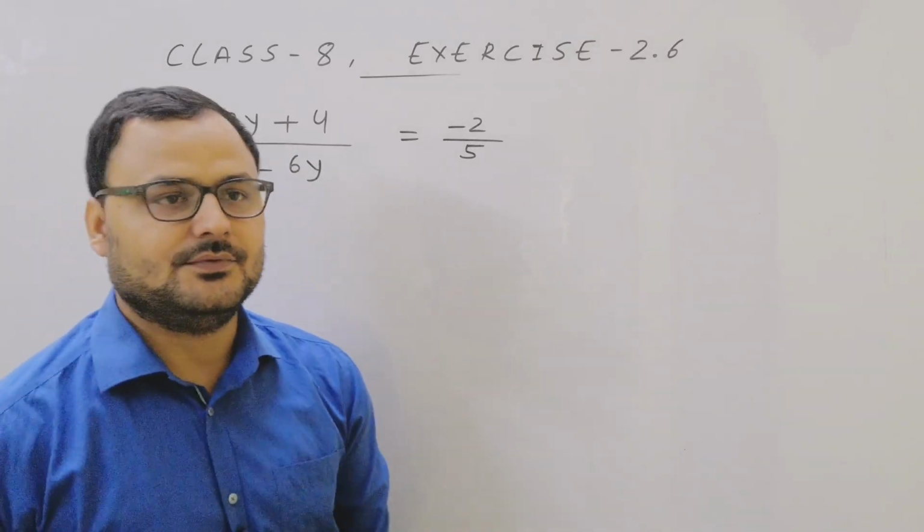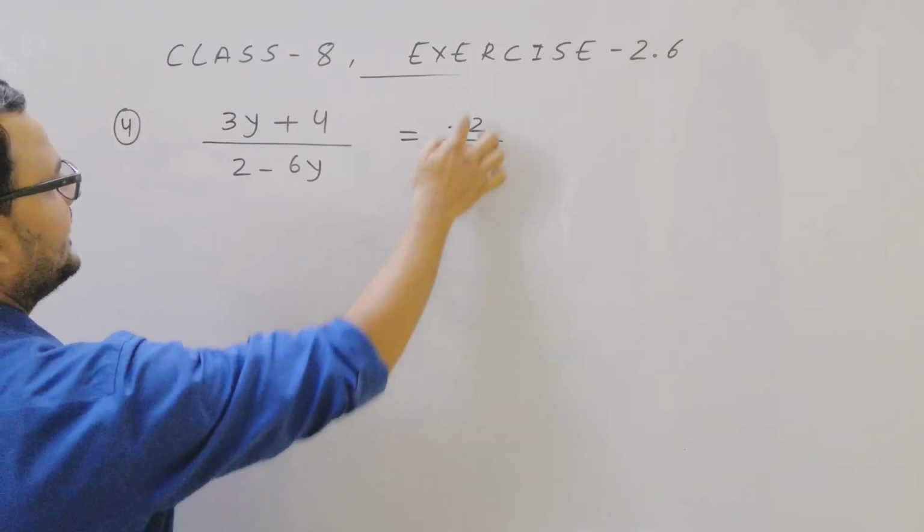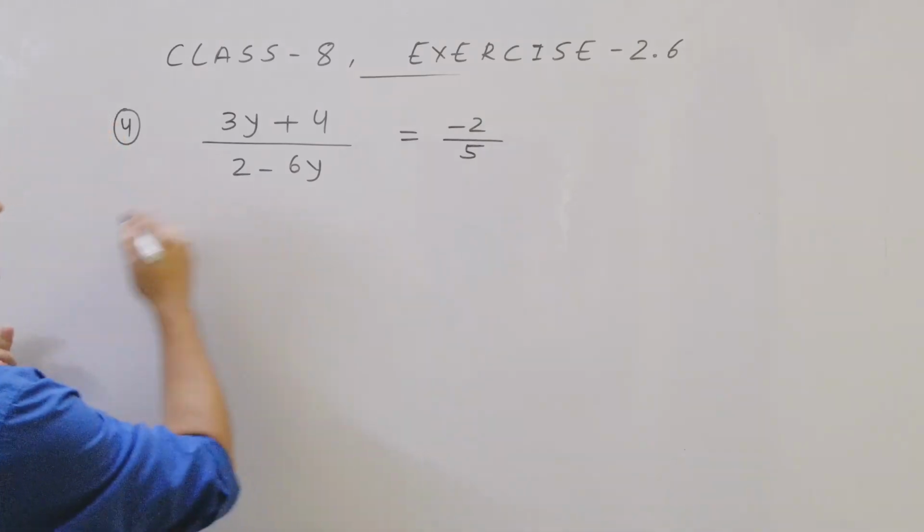Now question number 4. (3y plus 4) divided by (2 minus 6y) equal minus 2 by 5. Again cross multiplication.